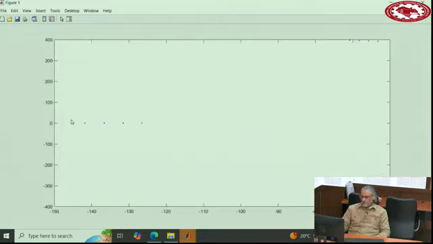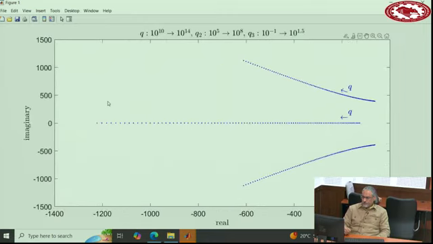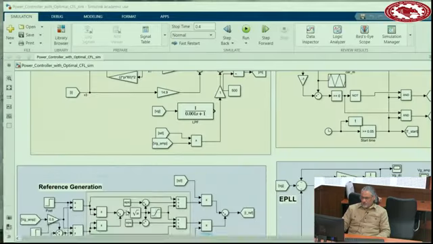There you go. Okay, so this is the design stage, and the simulation is here.